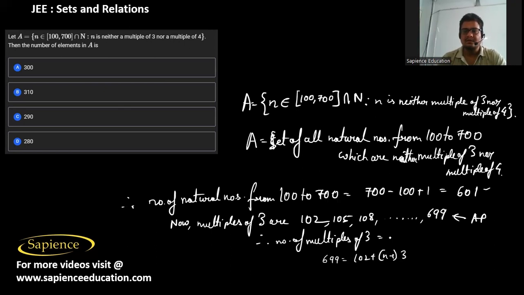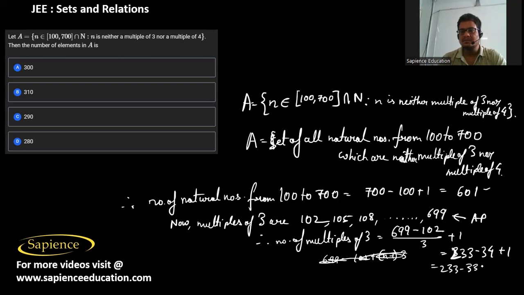So n will be equal to 699 minus 102 divided by 3, plus 1. This is 3 3s are 9, 3 4s are 12, so 233 minus 33, that is equal to 200. So 200 multiples of 3 are there.